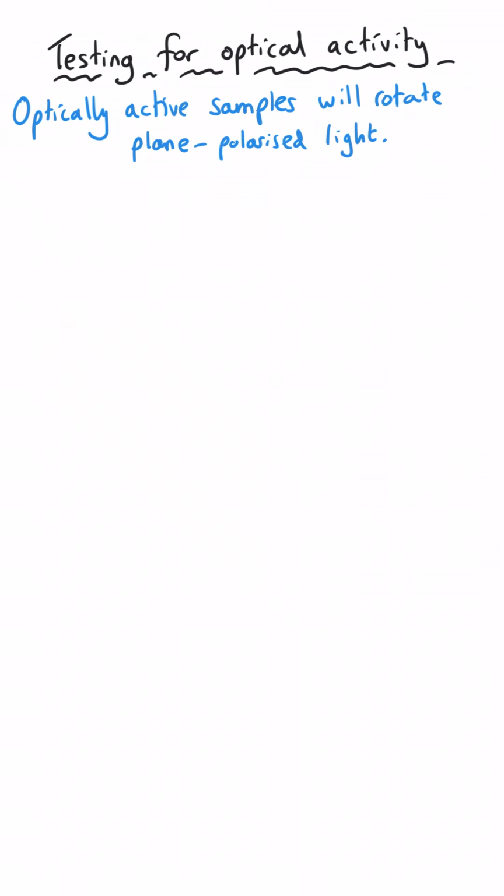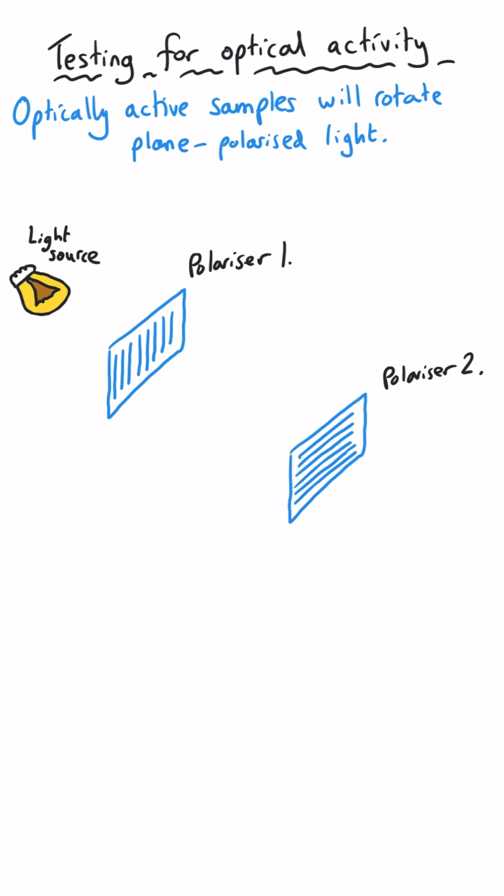You can explore the optical activity of a particular enantiomer by setting up the apparatus as shown here. What you've got on the left-hand side is some kind of light source where the light is being emitted in all directions. And then this light encounters a filter, which I've chosen to show as a vertical filter. So this will only let light travel through in one particular direction.